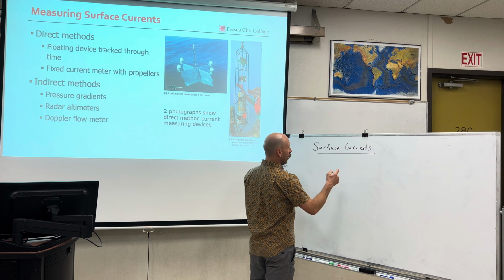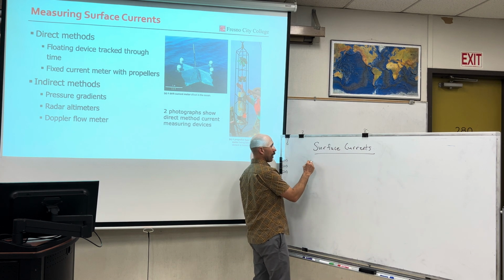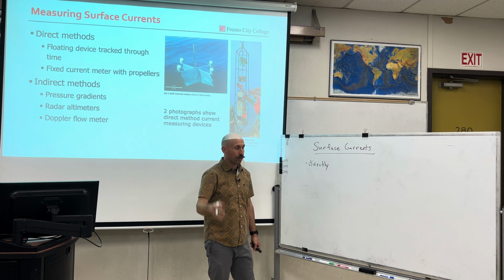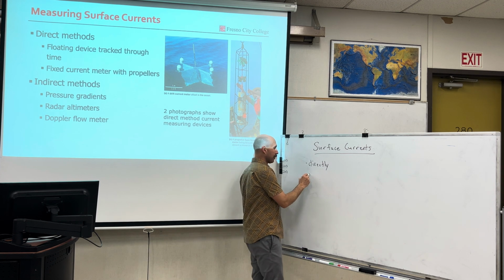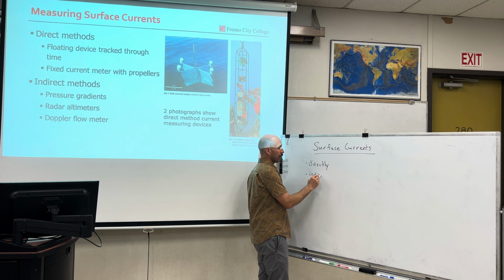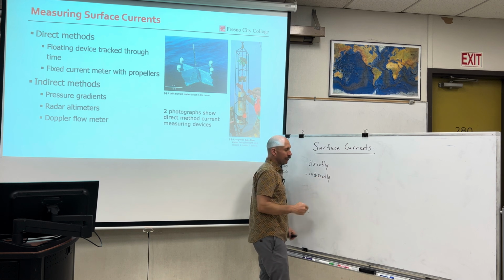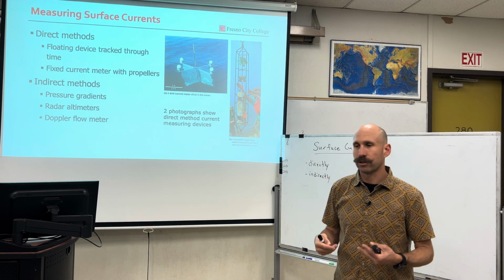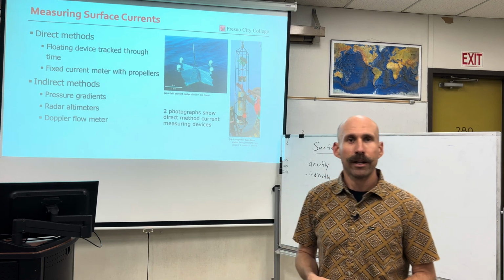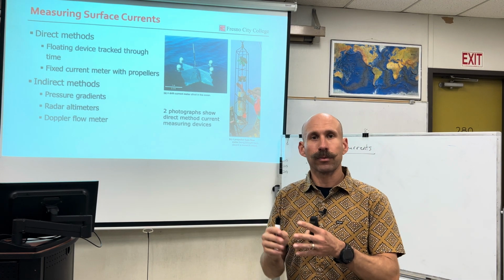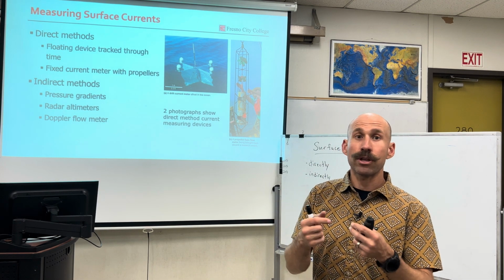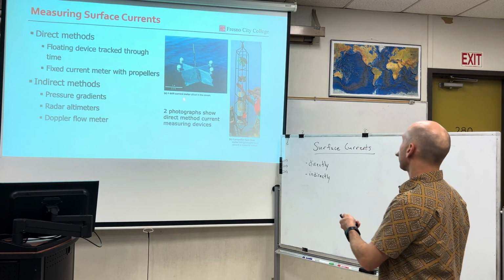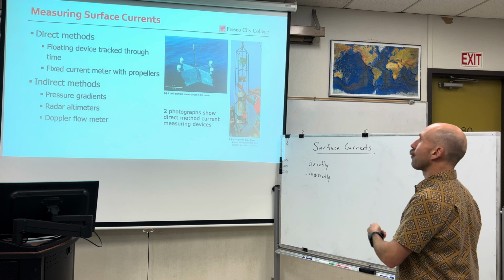So how do we measure? Well, we can measure directly by inserting a probe into the water. There's various types, and indirectly using satellites. This is pretty much the name of the game for observations when you're trying to collect data. You can have direct observations where you're actually measuring and recording using a variety of different instruments. In this case, we've got drift current meters, propeller type flow meters.